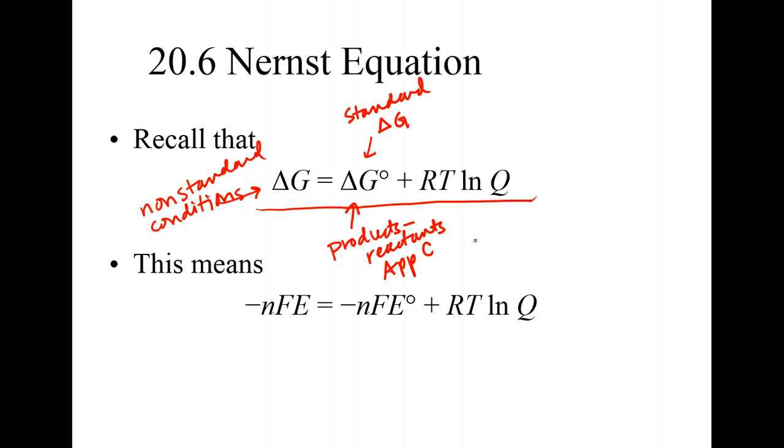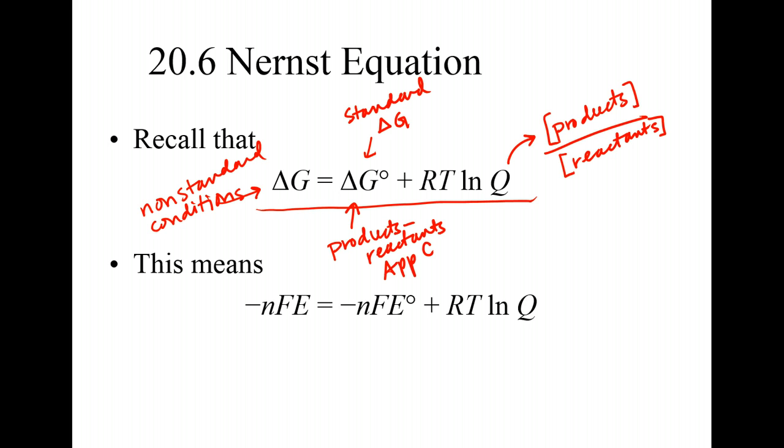Then R is our gas law constant, T is our Kelvin or absolute temperature, and then we have natural log of Q. And Q, like any equilibrium constant, is always set up as products over reactants. If we're working with concentrations or solutions, then we have to use the square brackets that indicate concentrations. If we're working with gases, then sometimes they may use pressures instead.